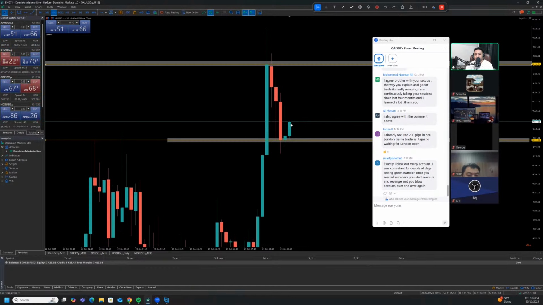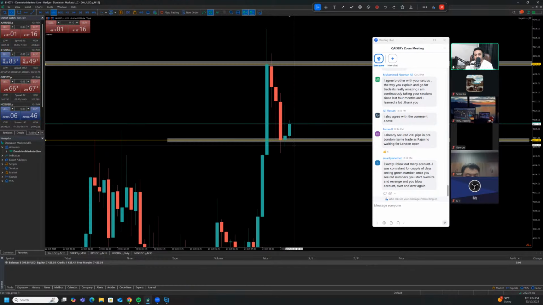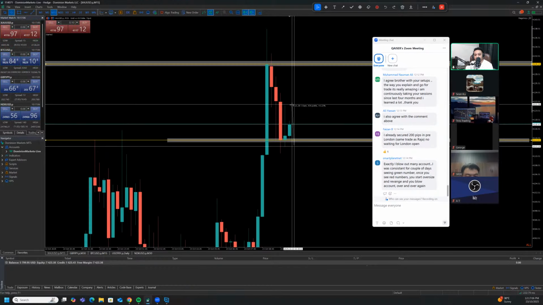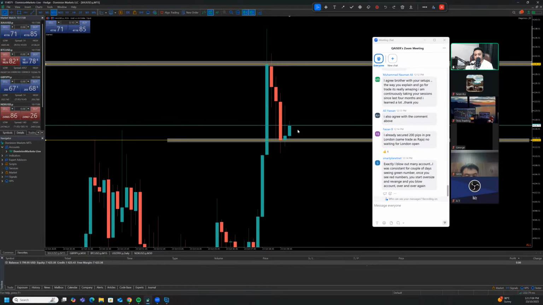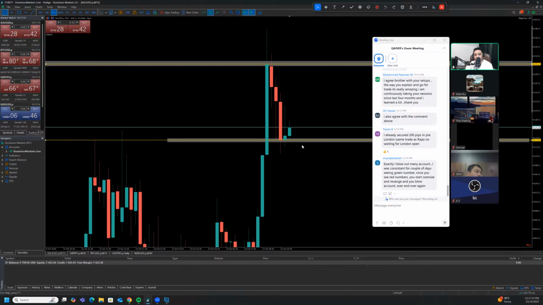Is this a 50% retrace? Yes, it retraced almost 50% or more than 50%. Let me just see this one. The candle is 80 pips, and this candle retraced. Wow, a 50% retracement just happened here.